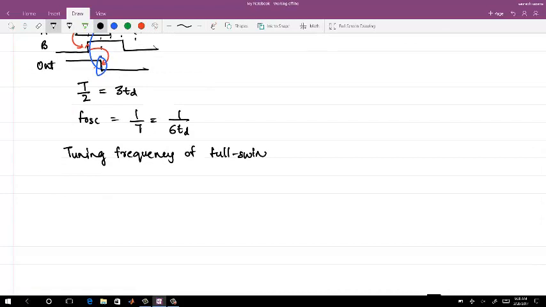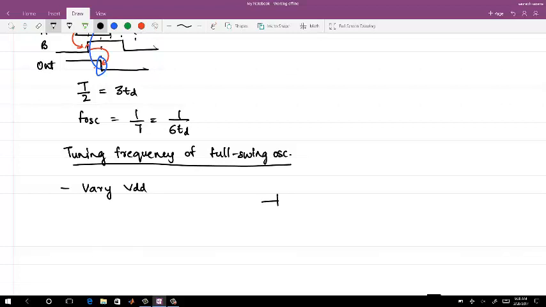What are the ways to do it? One way is to vary VDD.